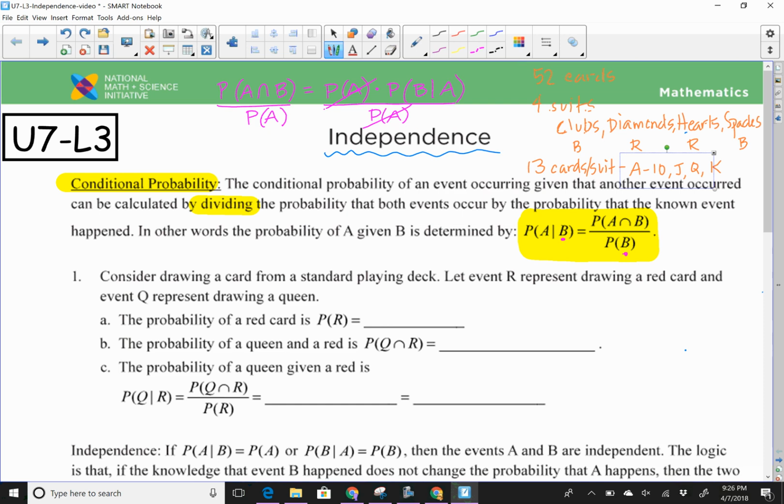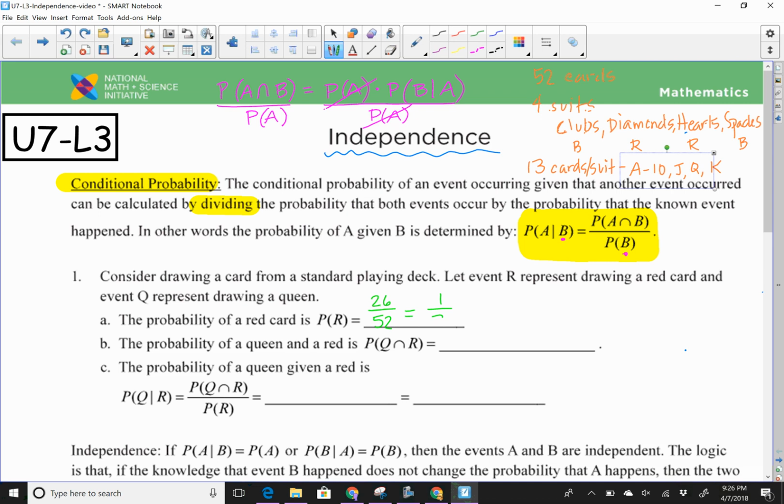So consider drawing a card from a standard playing deck. Let R represent drawing a red card, and Q represent drawing a queen. The probability of drawing a red card: you can go through the formulas if you want, or you can say, how many red cards are there? There are 26 cards out of a total of 52.